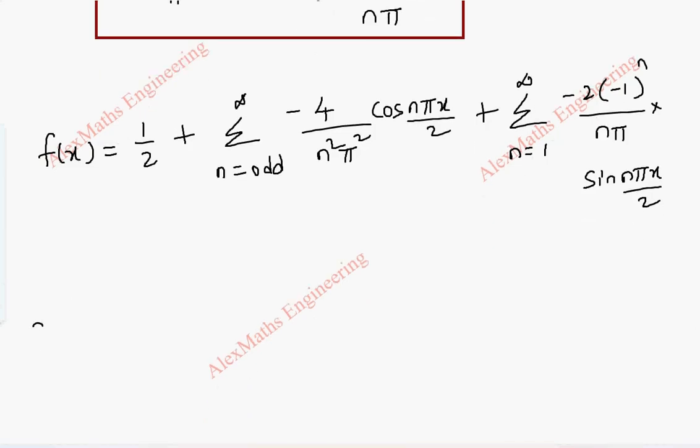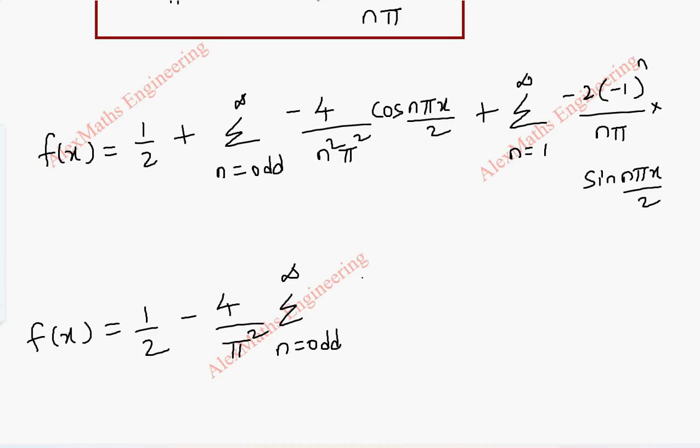After this we are going to rewrite this, that is, rearranging this. So 1 by 2. Now minus 4 by pi square can be taken common, that is, taken outside the summation. Now n becomes odd till infinity, and we have cos n pi x by 2 by n square.